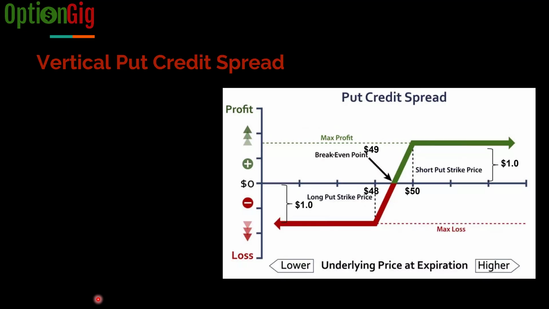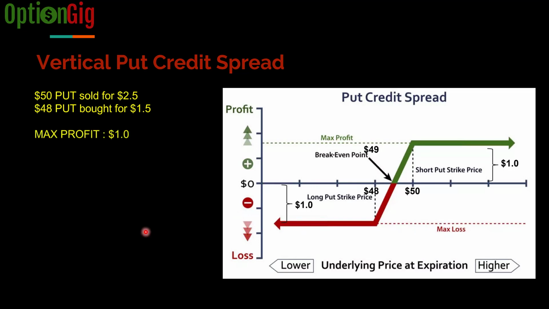Now we introduce what we call a vertical put spread. It is a combination of your naked put, where you sold a $50 put for $2.50, but in a put spread you also buy the put at $48. So you're buying a put at $48, and hence your maximum loss is now capped.